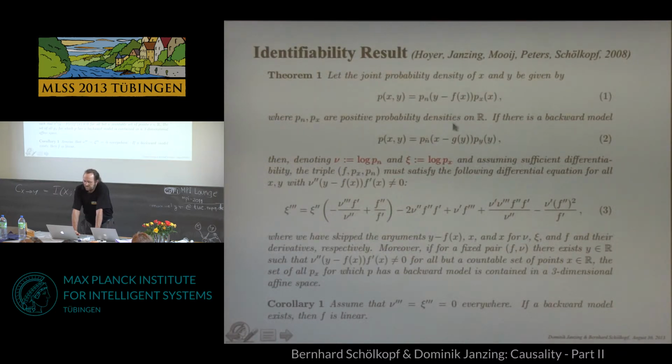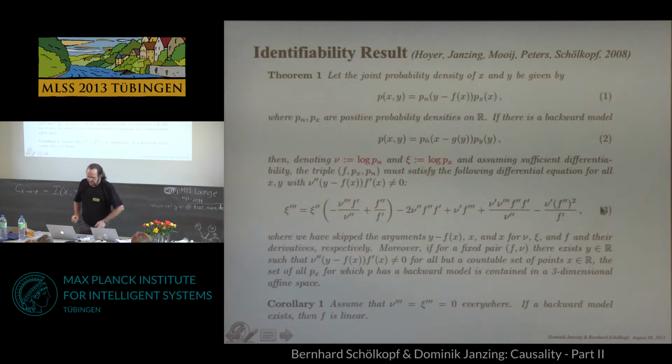So for instance, if you specify the density of the input and the density of the noise, then from this possibly infinite dimensional function space, if we don't have a restriction on this one-dimensional function f, it turns out there's just a very small space from which you could take the function such that this can be satisfied, or such that this differential equation, which is the implication of this, can be satisfied.